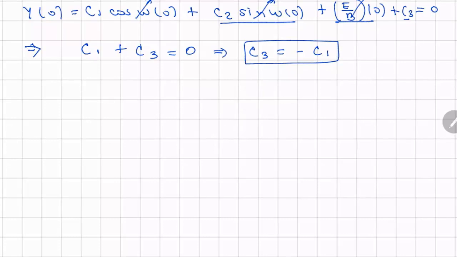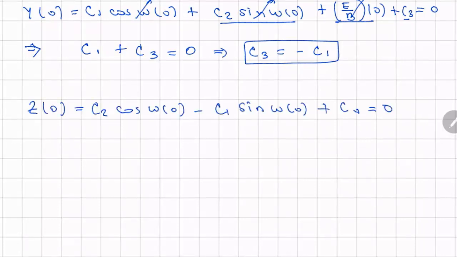Okay, guys? Now we are going to replace the initial conditions into the z equation. So we get the following equation. This means that c2, this term is 1.